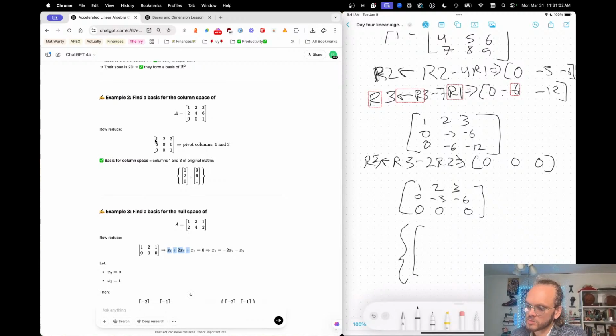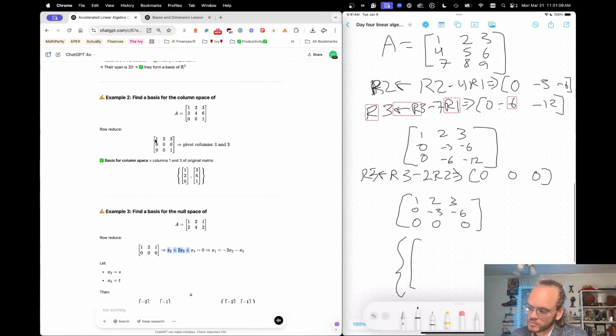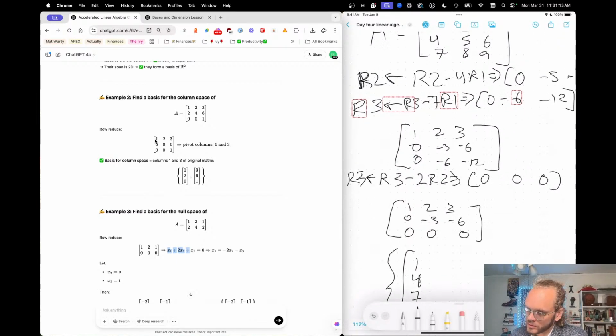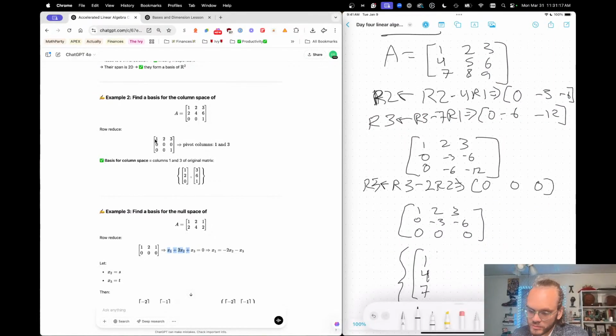Basis for the column space is going to be 1, 4, 7 and 2, 5, 8, because 3 is not a pivot column. Hopefully I've got it right.